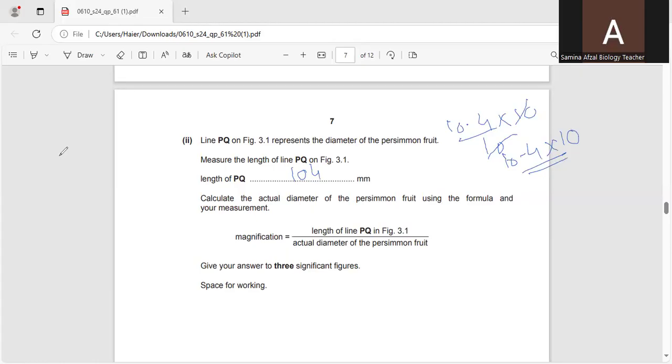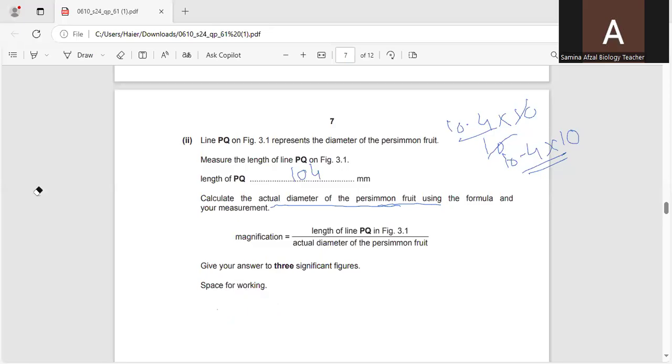Now, by using this value, we have to find out the actual diameter of the persimmon fruit using the magnification formula. The magnification has been given, see, it is written over there.